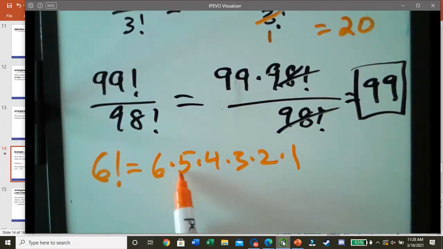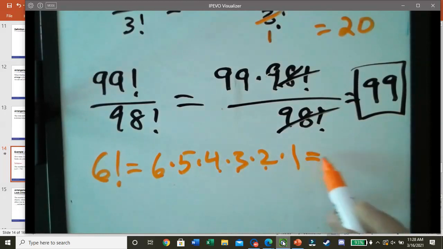So 6 times 5 is 30. 30 times 4, if 3 times 4 is 12, then 30 times 4 is 120.